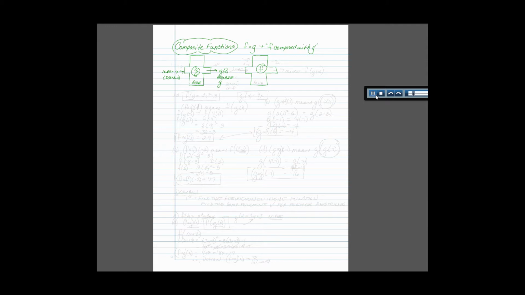But that range of g happens to be the domain of f, because it's getting ready to go into that F machine. So what comes out when the rule is applied by the g function now goes in as the input into f.